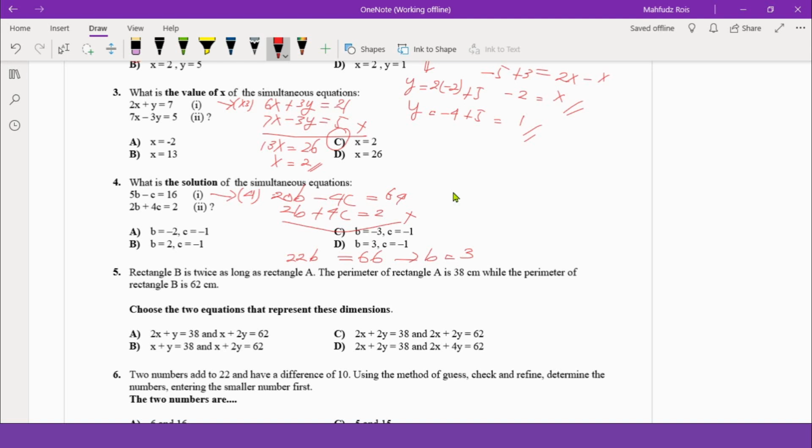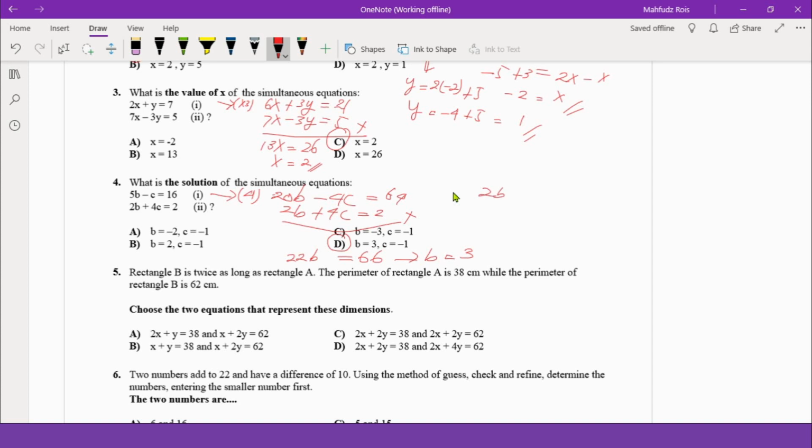So which one has b equals 3? Only D. So the correct answer is D. Now how about c? All the options have c as minus 1, so it's correct. So of course c will be minus 1. Okay, if you don't believe, you can check from the first or the second equation to find c by substitution.